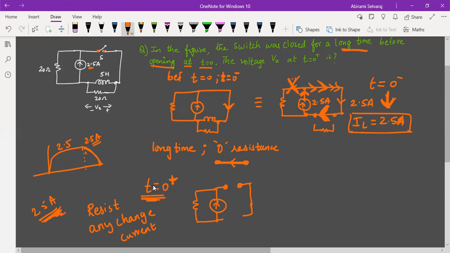Let me draw the inductor itself, because there is a short now and it's going to change. I'm looking at t equal to 0 plus. This point is t equal to 0, and these are all t equal to 0 minus, or before.